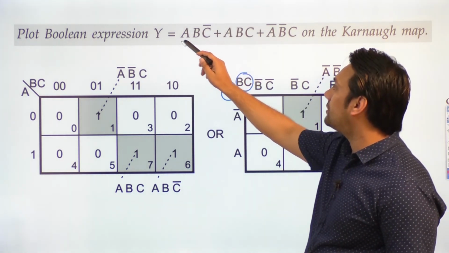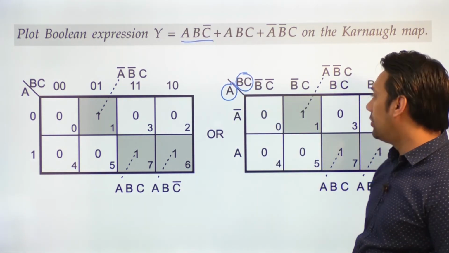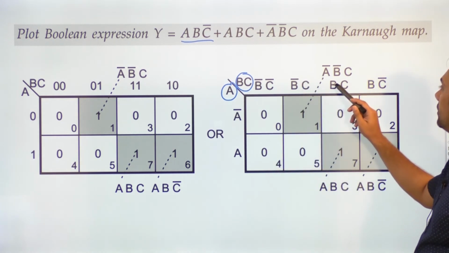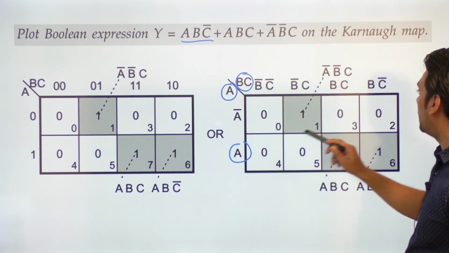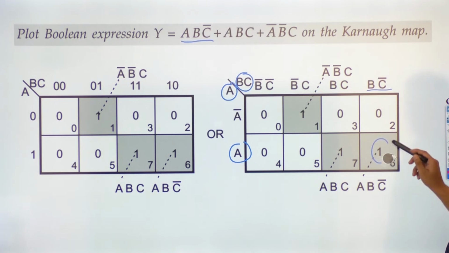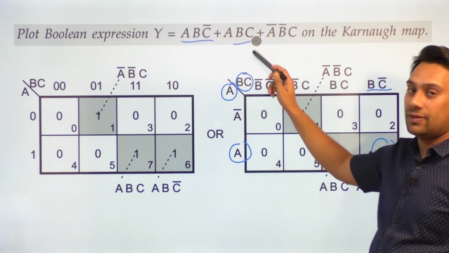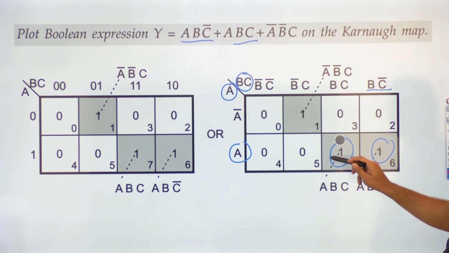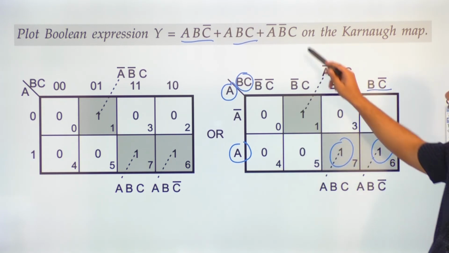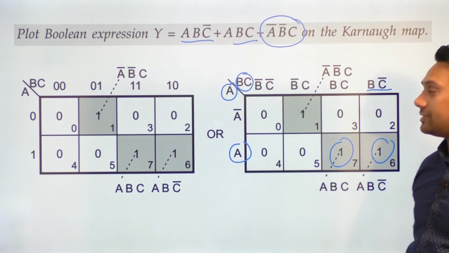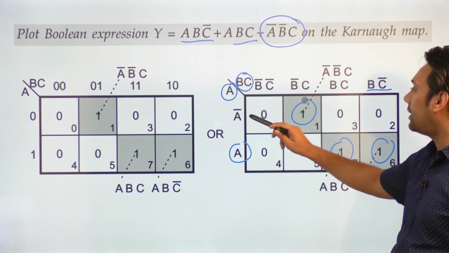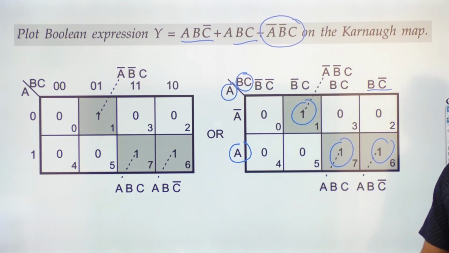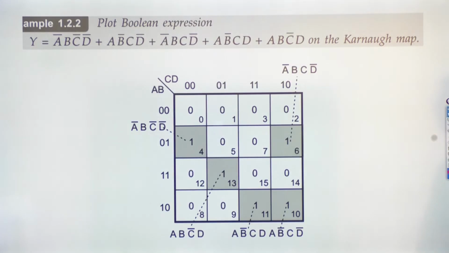The first location is A, B, C complement, so I take A, then B, C complement. Then we have A, B, C, the location representing A, B and C. And then we have A complement, B complement, C. So this is how you can represent the same function using the K-map.